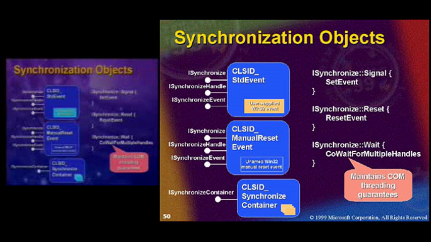We also provide an object called class ID manual reset event. And in this case, we create an unnamed Win32 manual reset event for you. And finally, we have class ID synchronized container that you can use to register a whole bunch of iSynchronize interfaces that you want to wait for as a group. So if you've got a lot of outstanding calls and you want to wait, you can do that.